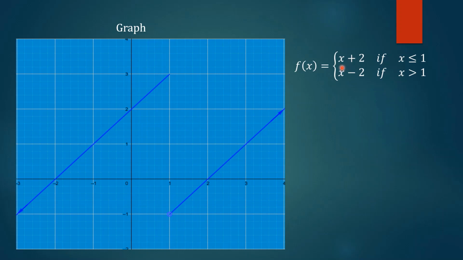In that case f(x) is half plus 2, which is 5 by 2, that is 2.5. So you see x equal to half, the point is approximately here, and 2.5 is approximately here, and slowly you proceed to the point 1, that is you take, say, x equal to 0.6, 0.7, 0.8, 0.9 and so on, and finally you can take x equal to 1 also.